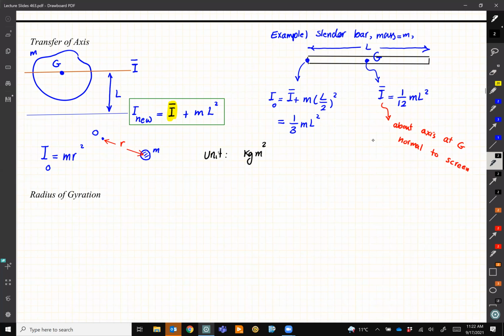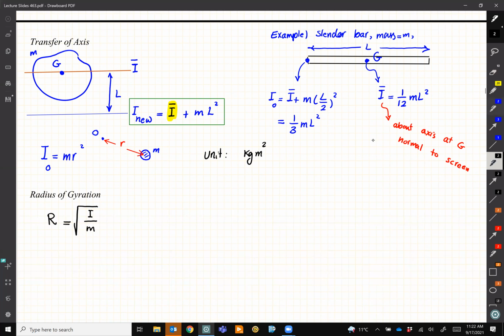One way to solve that is to define something which we call radius of gyration. We show it by R. In some textbooks, they show it by K. But since in this course we use K, we reserve K for stiffness, we don't want to get confused, we show it by R. But if you see other textbooks, they use K. And it is defined as R squared equals I divided by M. So we divide mass moment of inertia by its mass and we square it.